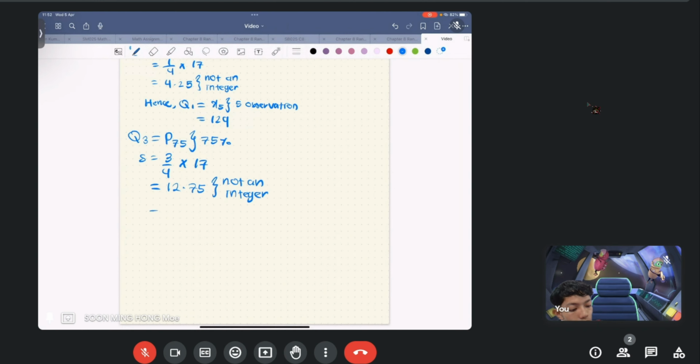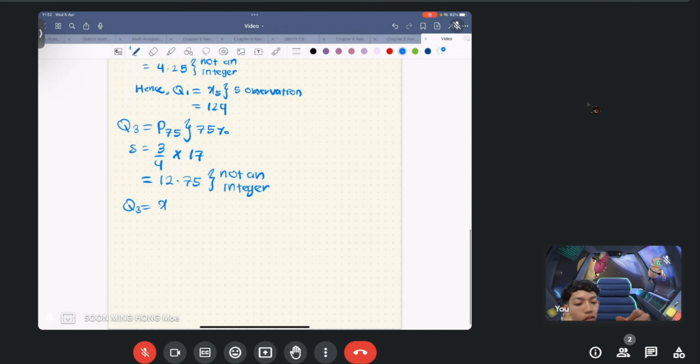So same as before, we need to find the smallest integer value from 12.75, which is 13 observation. So the answer would be 144.